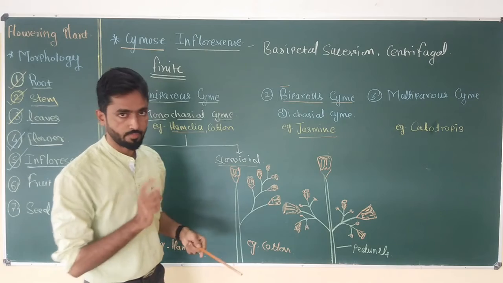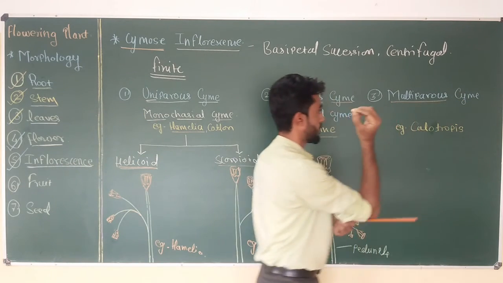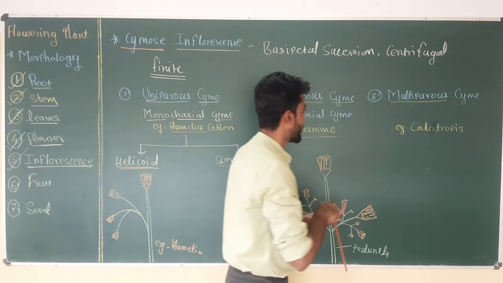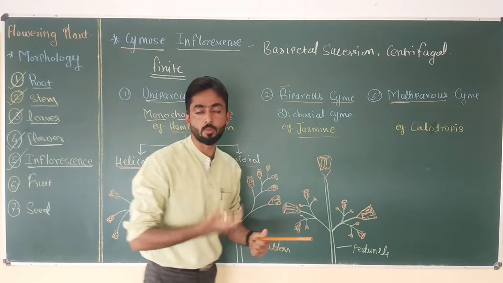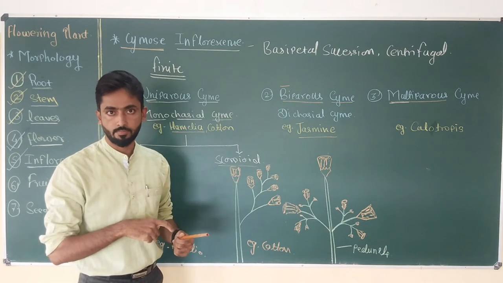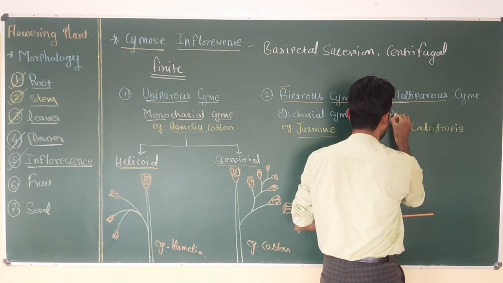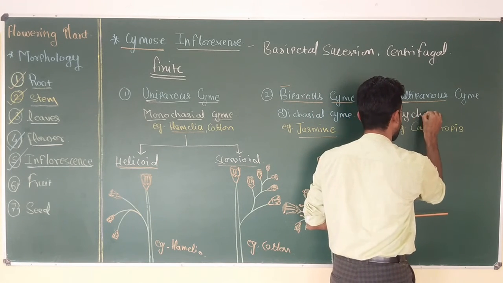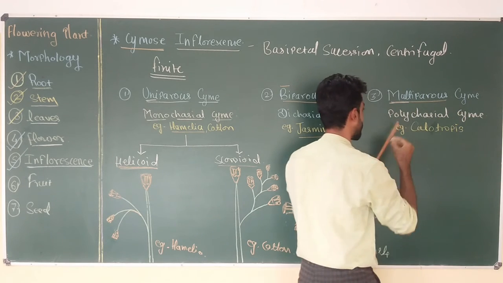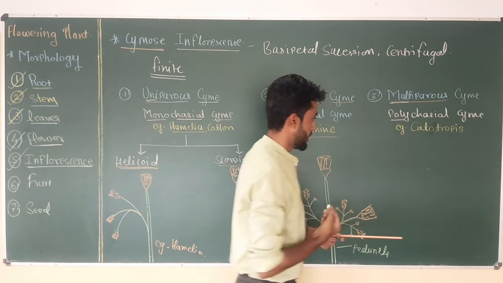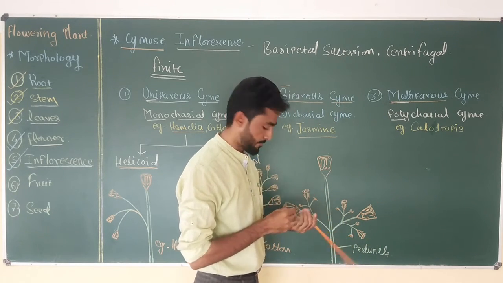And now the third type or the last type is multiparous cyme. Okay, so the name itself tells, multi means in this case more than two branches from each previous branch. Okay, so it is also called polychasial cyme. Okay, poly means many, and now we can easily draw the multiparous cyme.